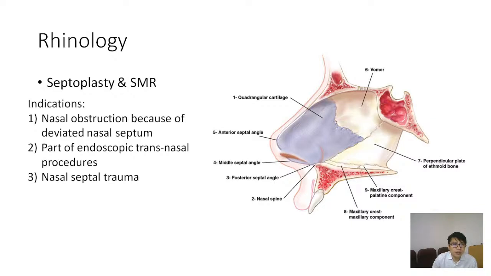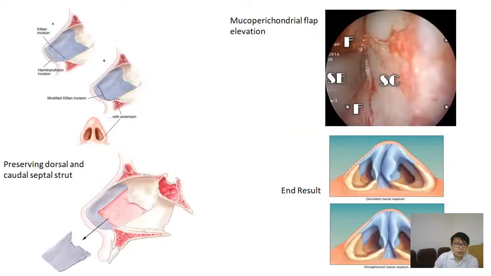The most commonly done nowadays is septoplasty, and initially what we used to do is SMR, that is submucosal resection of the septal cartilage. So we know that the septum has different parts, the cartilaginous part and the bony part.